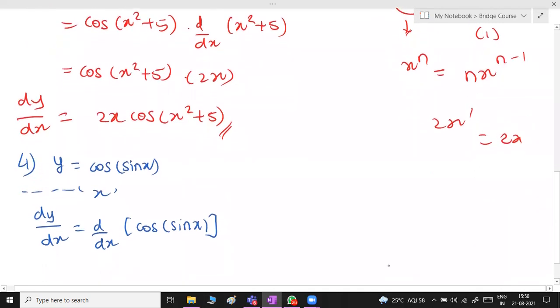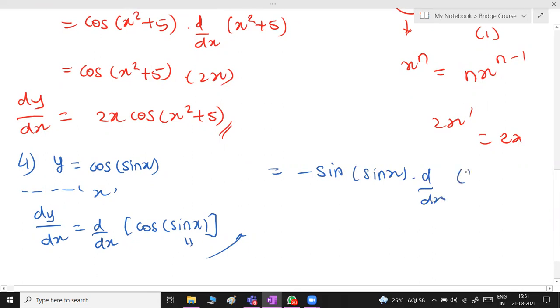Okay, so here it's gonna be cos का differentiation. So here I'm going to get cos का differentiation is minus sin x. x के बदले मुझे क्या दिया है, sin x. ठीक है. तो minus sin of sin x into differentiation of sin x.